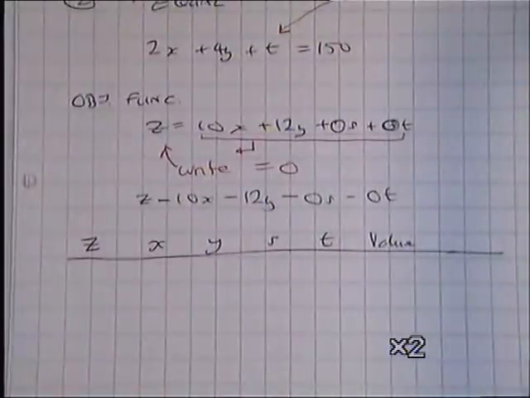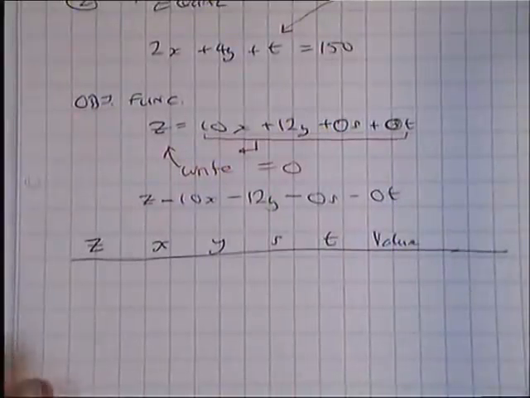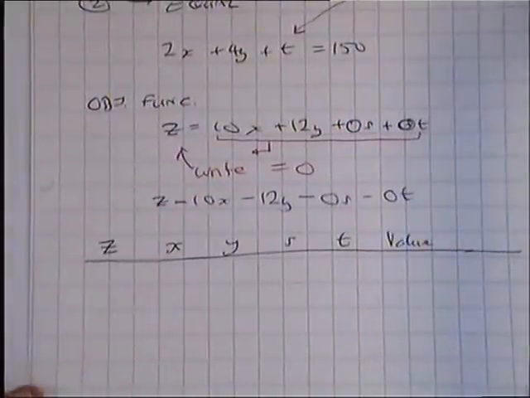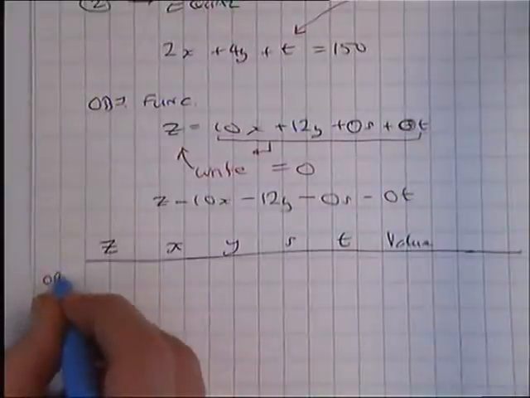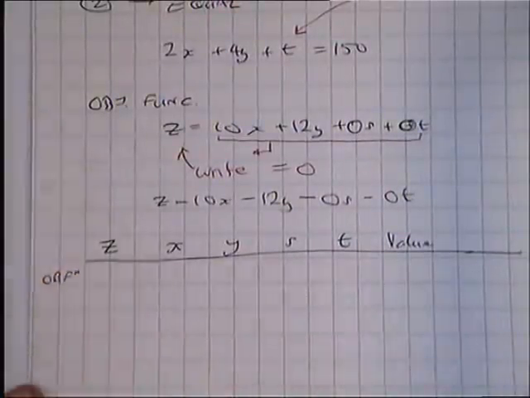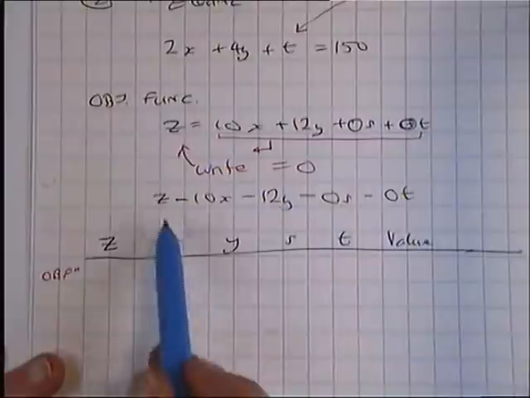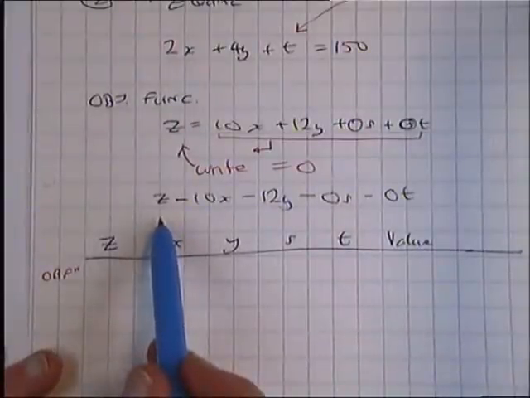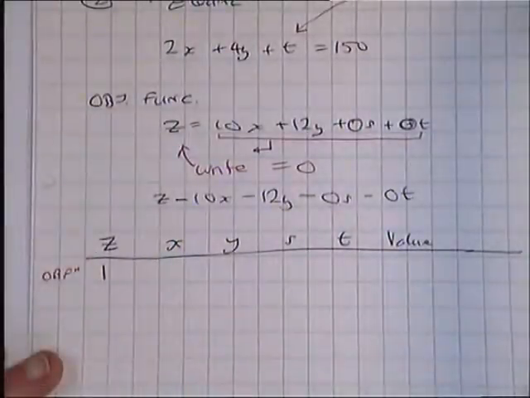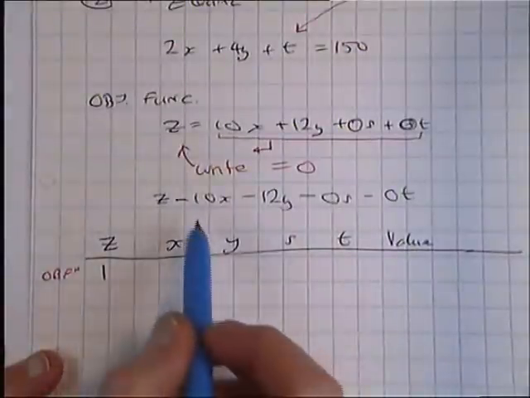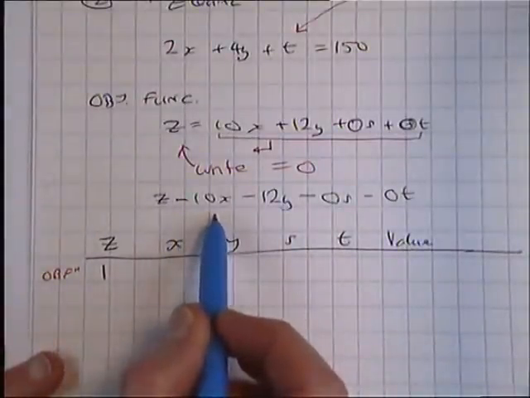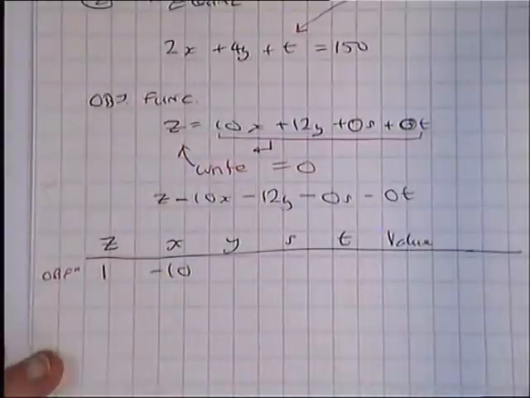The top row, underneath that heading row, the top row always corresponds to our objective function. How many z's do you see there, Will Taylor? 1. Let's write that there. Sam, how many x's do you see here? -10. We'll put that there.